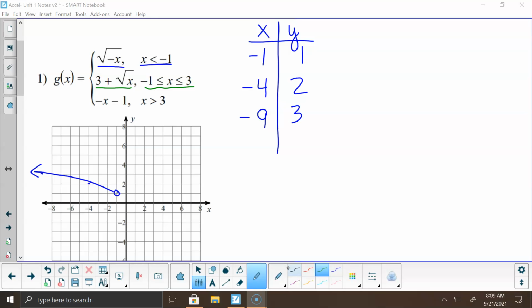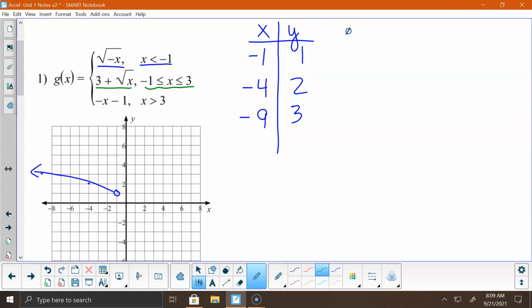All right, so what x value should I pick? Guys, look at the restrictions on that middle one. Bam. -1. What else? -1, 0. I should definitely stop at 3.